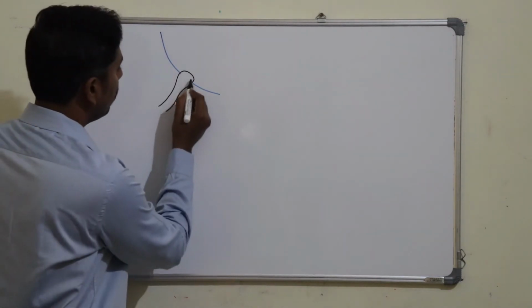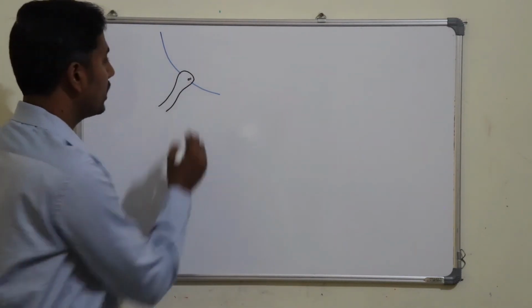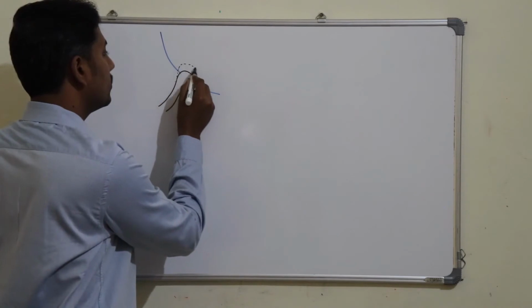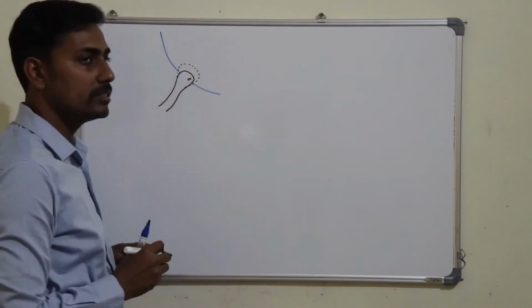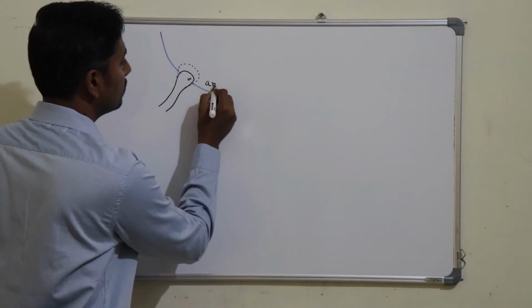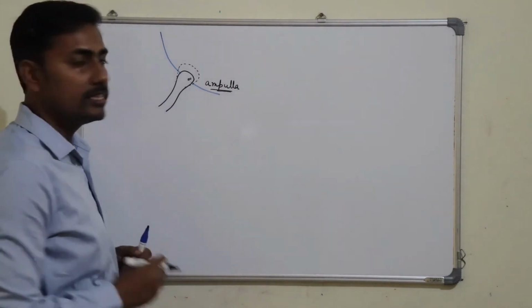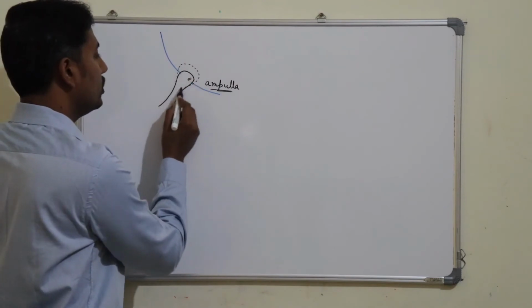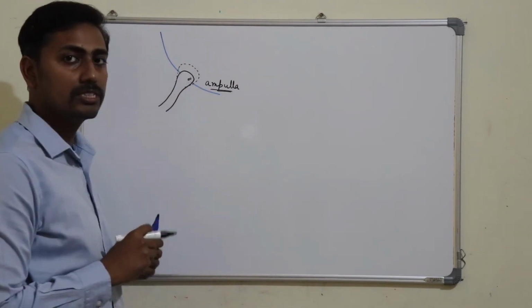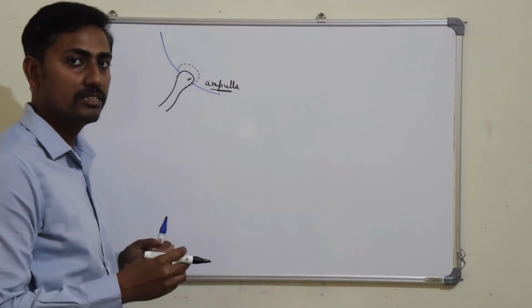The growing end of the ureteric bud becomes dilated to form what is known as the ampulla. This ampulla, or the growing end of the ureteric bud, now starts dividing or branching.